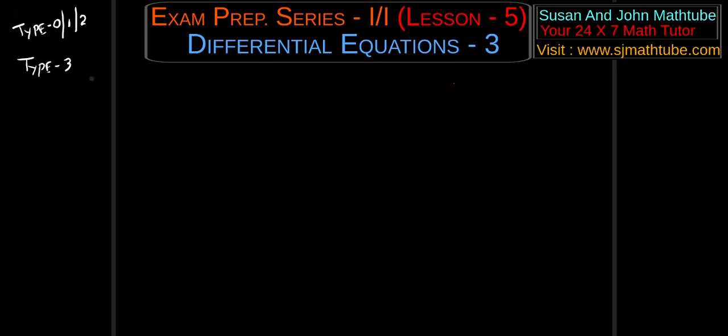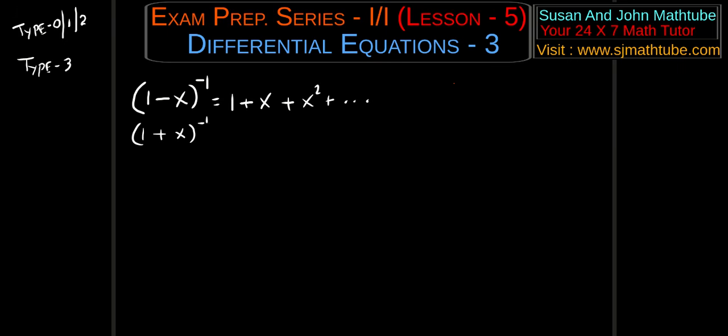So before we start, you should be good with the binomial series, which you might have learned in class 12th. So 1 minus x the whole power minus 1 is 1 plus x plus x square plus ... and then comes 1 plus x the whole power minus 1, which is almost similar, but there will be plus, minus, etc. And there is a trick to learn these two formulae.